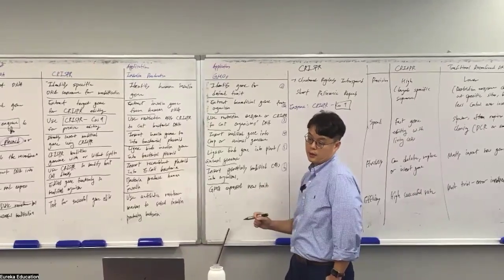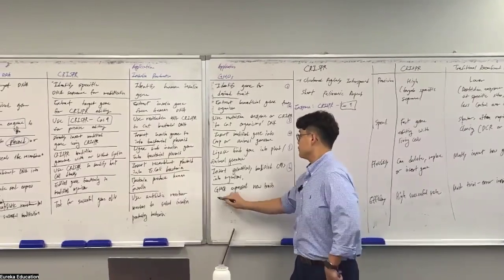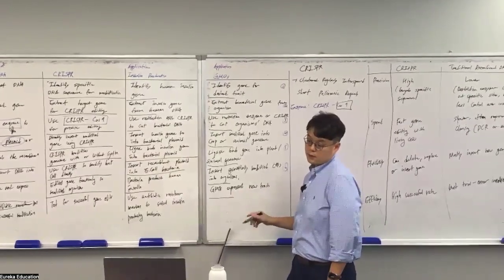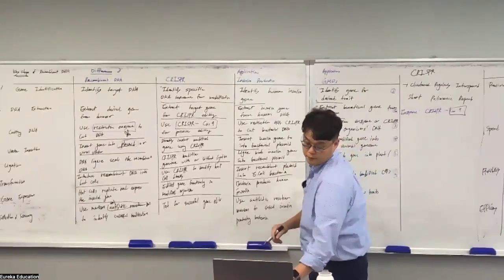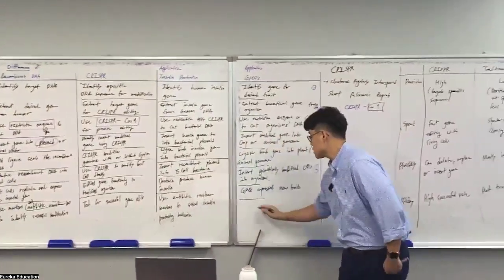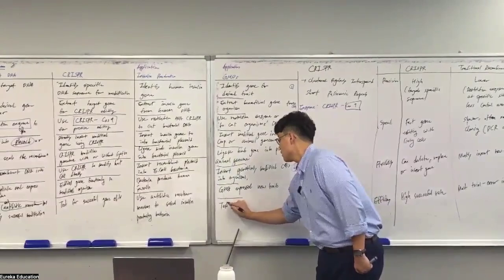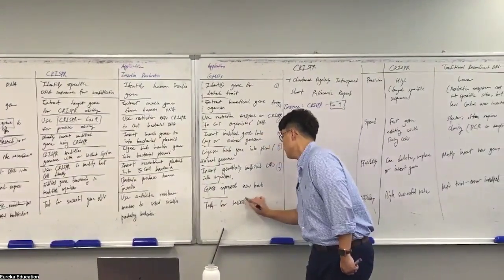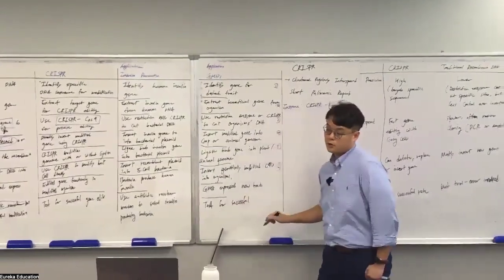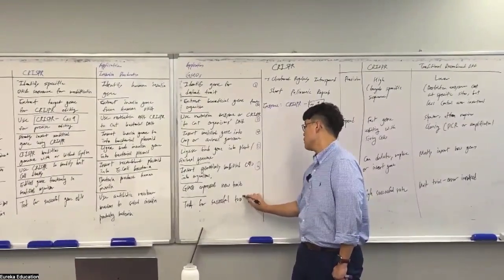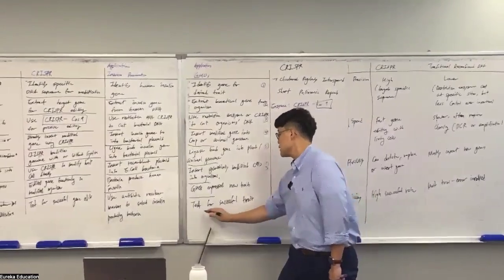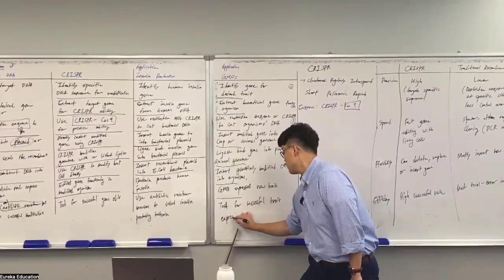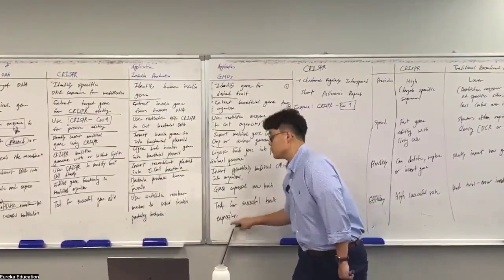Okay, and lastly, we do the test. We test for successful trait expression. Those are the final steps.